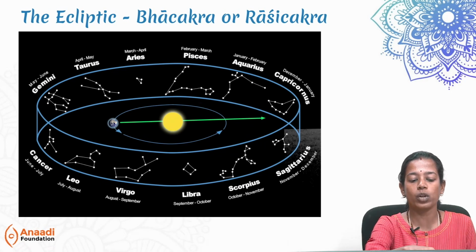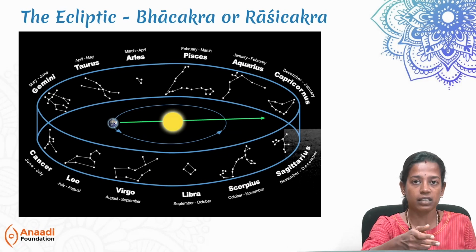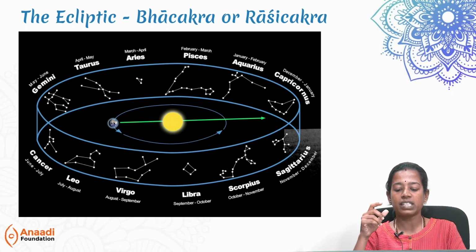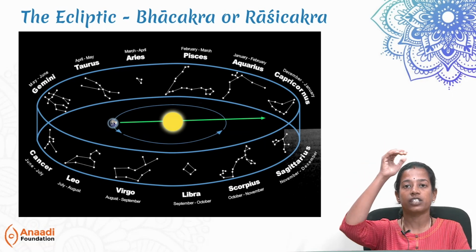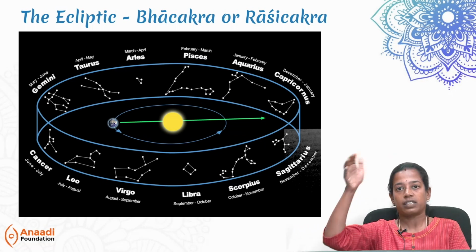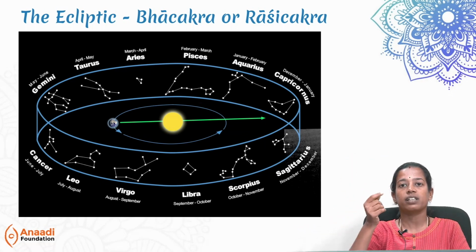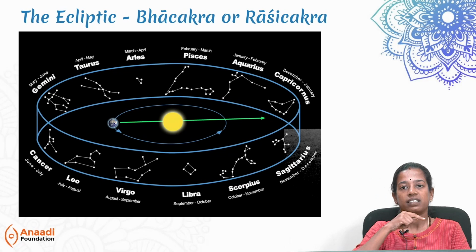As we slowly go around the sun in the elliptical path in anti-clockwise direction, at different points in time, we will be able to see the sun being mapped to different constellations or stars in the Bha Chakra. Because the Bha Chakra, or the ecliptic, is the apparent path that the sun takes, right?